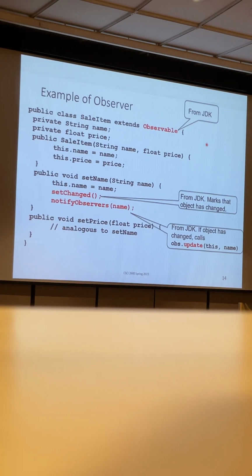Right? It's not because there's something wrong with the pattern itself. Right? So see how this observable actually allows us to implement both the pull and the push model. How does that happen? Well, the update method, it takes this and the name. Okay?